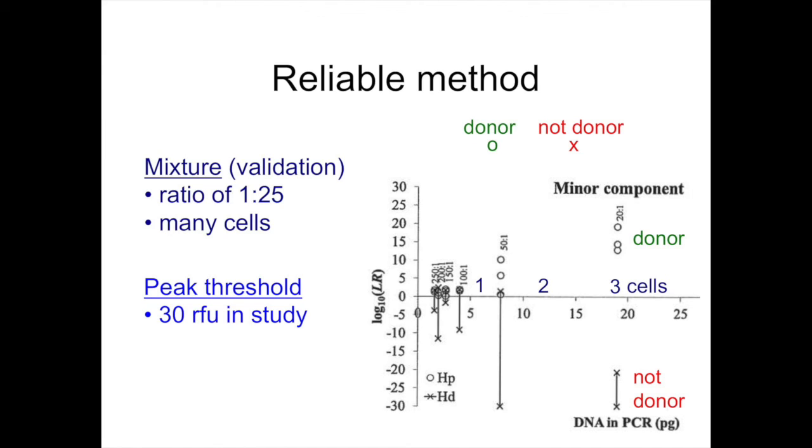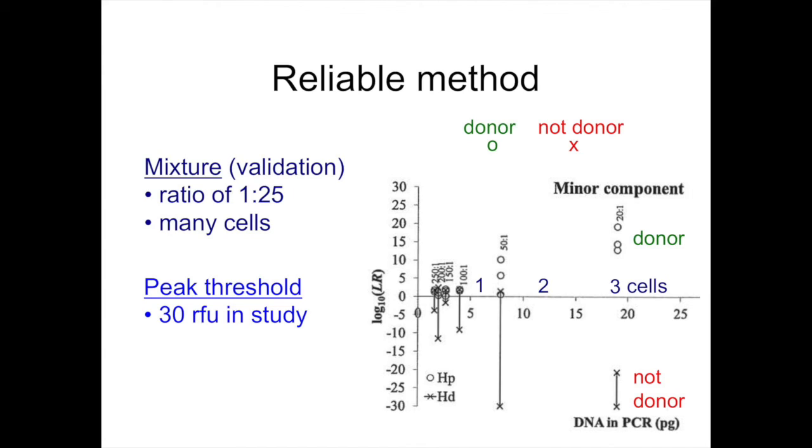Moving leftward on the x-axis, there are fewer than 2 cells. We start seeing some non-donor X data points rising up to the x-axis, showing an uninformative match statistic of 1. And on the left, near the y-axis where the number of cells is between 0 and 1, there is commingling of donor and non-donor.